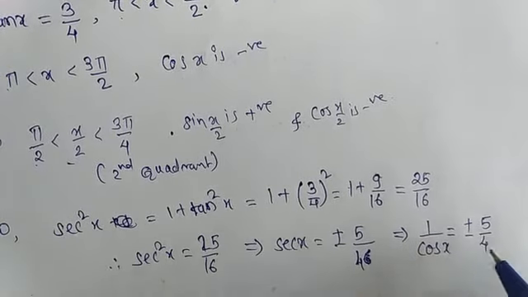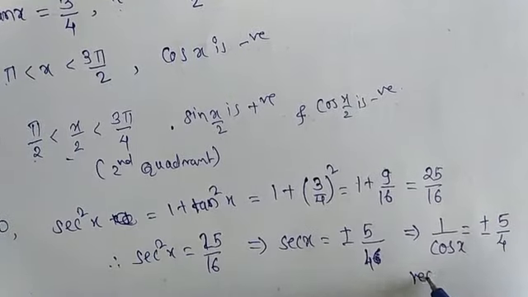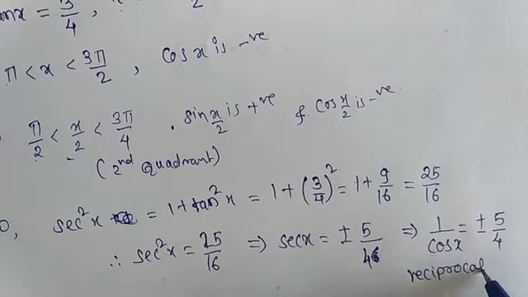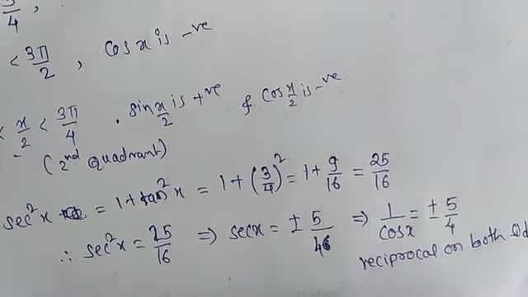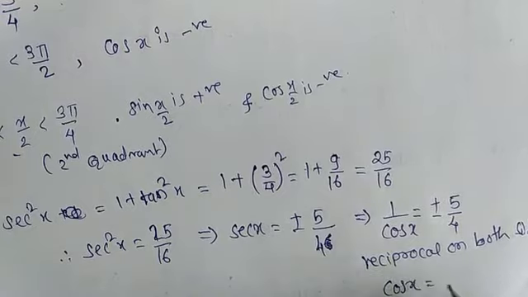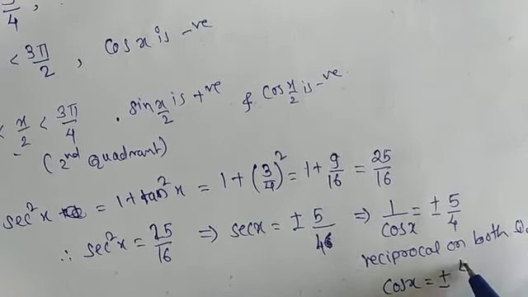Now taking reciprocal on both sides, cos x is equal to plus minus 4 upon 5.